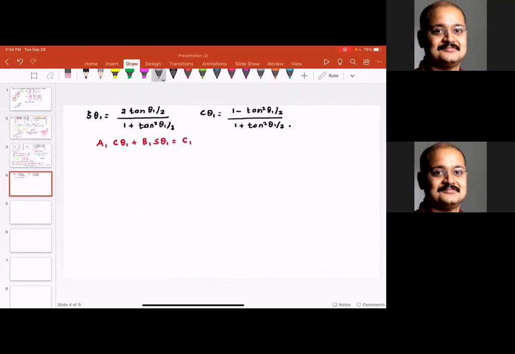Here a1 is known, b1 is known, c1 is known.